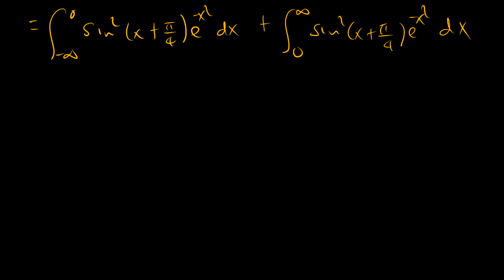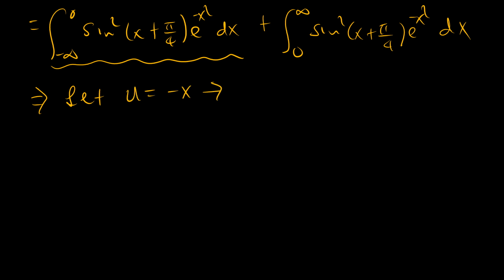Now, the other thing that is worth noting is that we can make everything negative on the x side if we let u be equal to negative x, or vice versa. That means dx is equal to negative du.